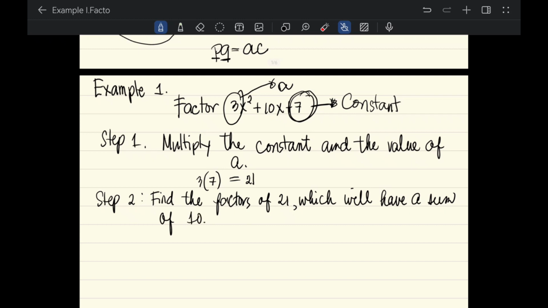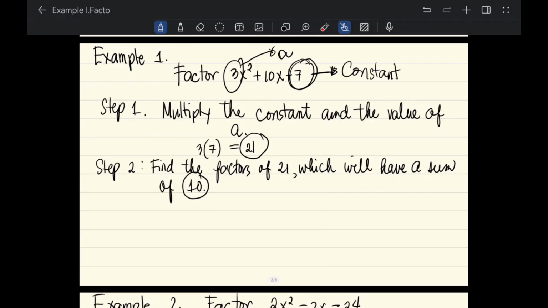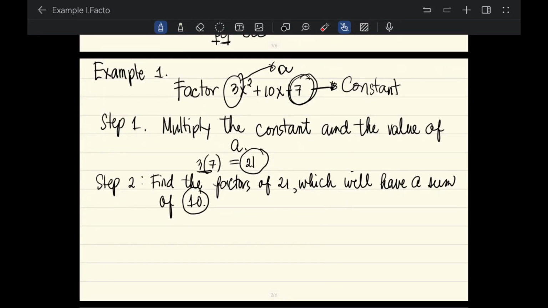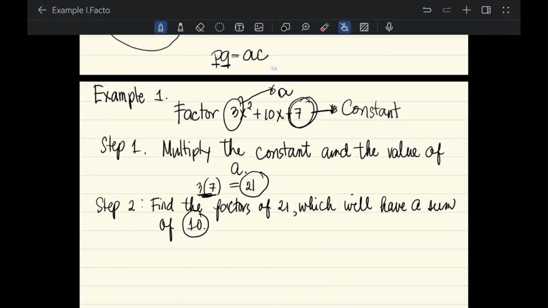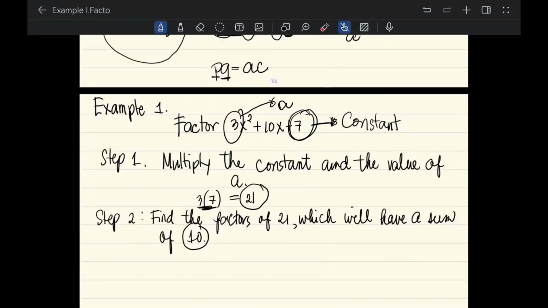So, like in the previous topic, we look for factors of the number 21, and when we add the factors, the sum should be 10. In this case, we are lucky that the factors are 3 and 7, and when we add them, the total is 10. So, let's apply the AC test.